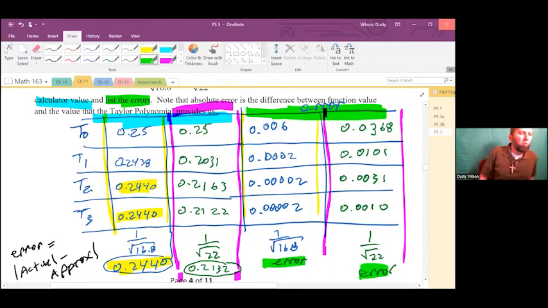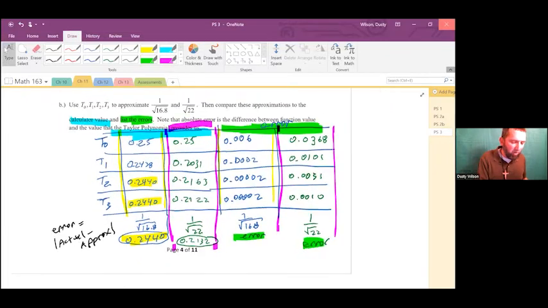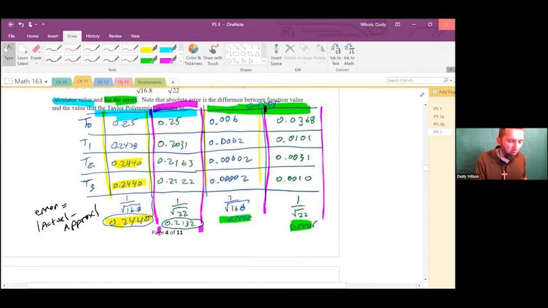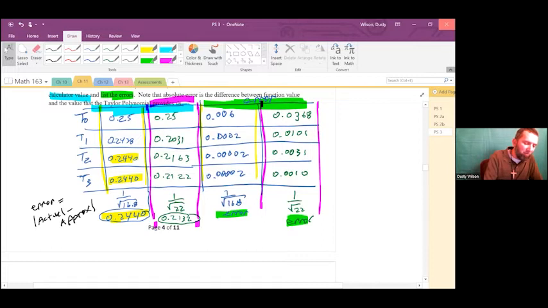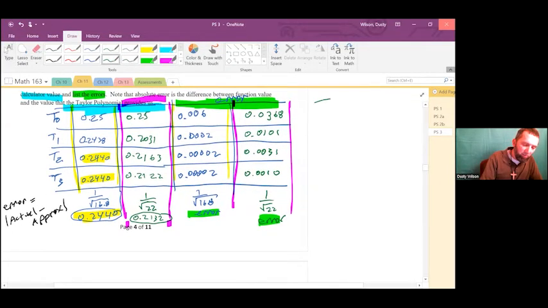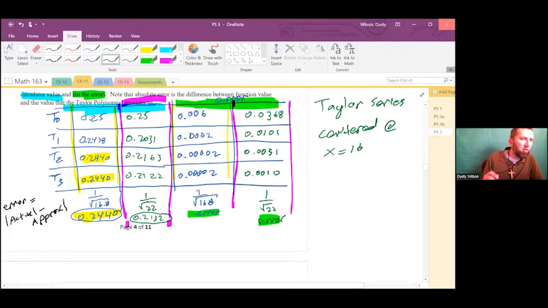And I simply want to point something out to try to make a connection between what we're doing here and what's happened elsewhere. So this was a Taylor series, or Taylor polynomials, centered at x equals 16. Then we looked at 2 different specific x values.